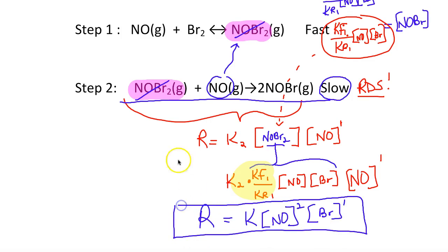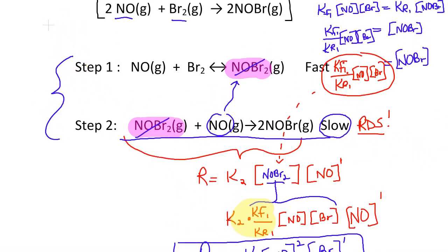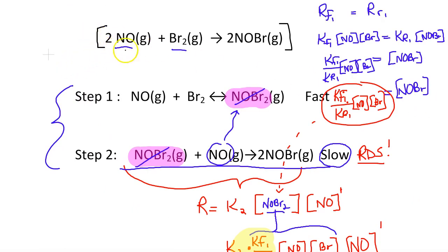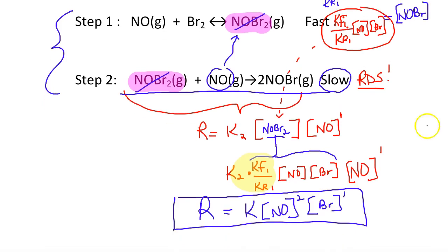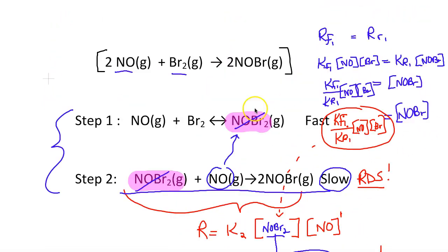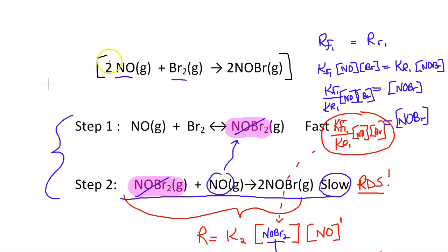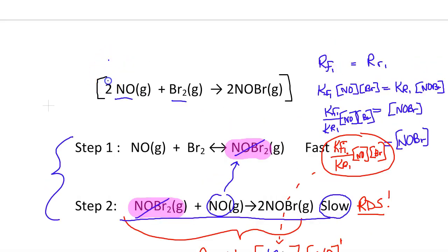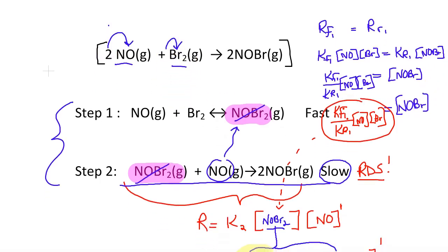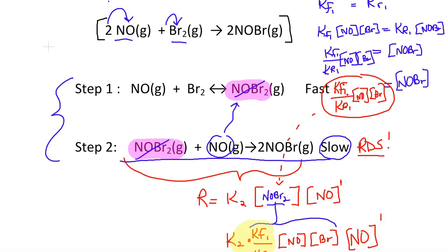This is the rate law from this proposed mechanism. Now notice something, party people. Some people might say, well, wait a minute, the coefficients that you deduced from this fast equilibrium, a 2 there and a 1 for the Br2, are equal to the coefficients. Doesn't this mean that the same rate law suggests this happens in one step?